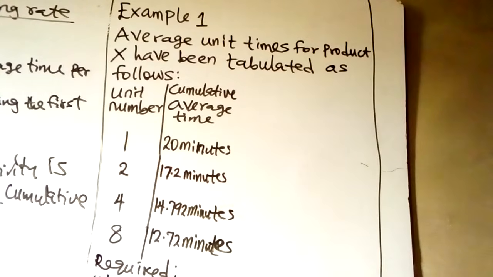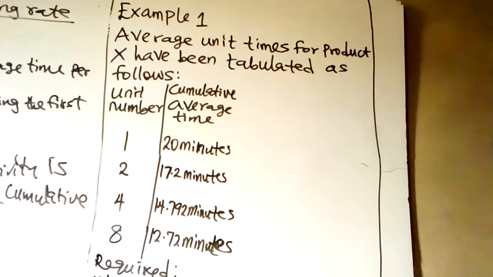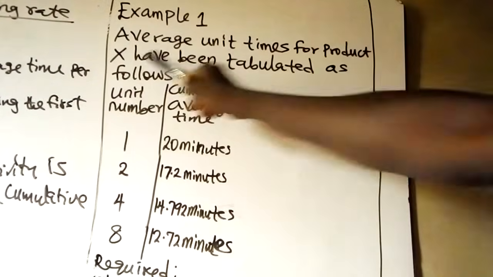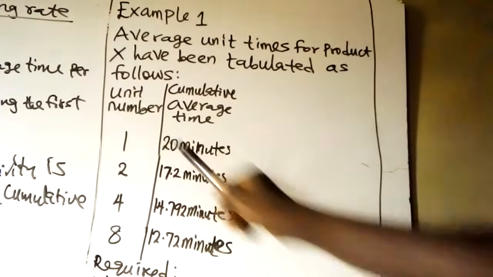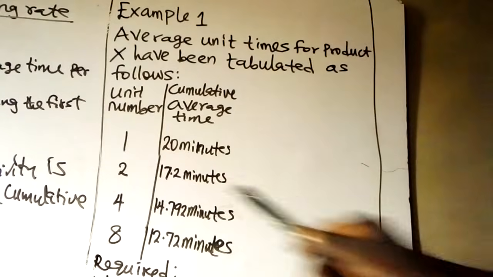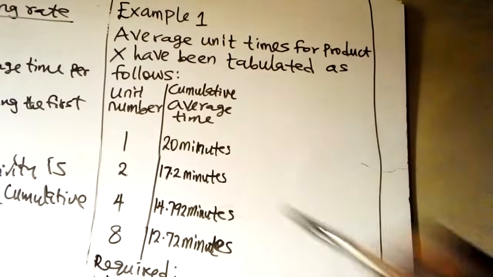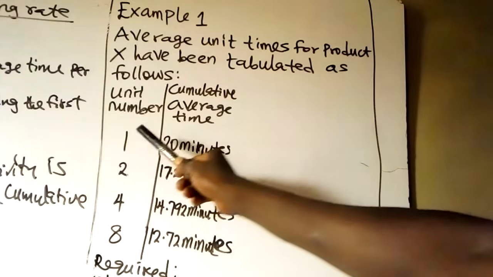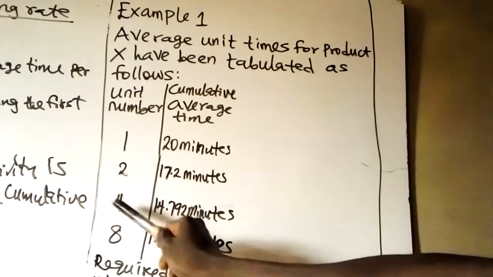Example 1. Average unit times for product X have been tabulated as follows. You have the unit number and you have the cumulative average time. You have 1, 2, 4, 8. If the first output is 1, when you double 1, that is, when you multiply 1 by 2, it will give you 2. When you double 2, it will give you 4.